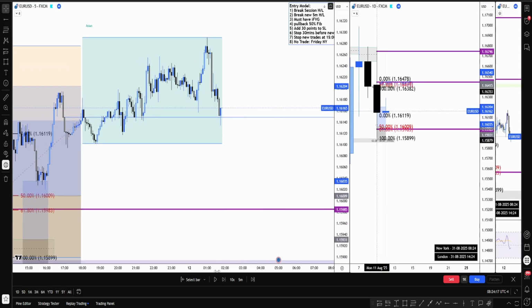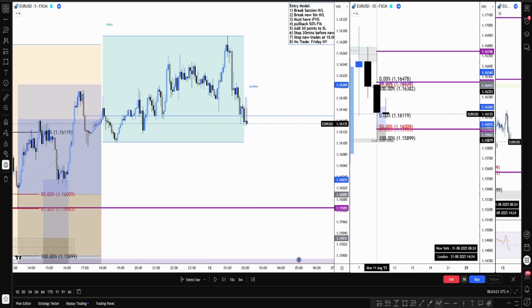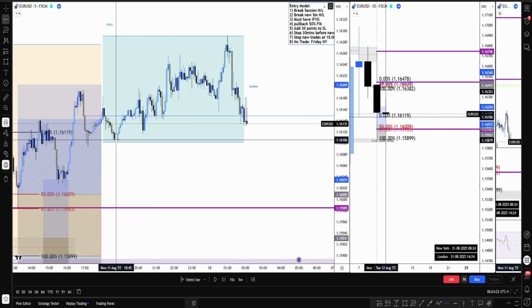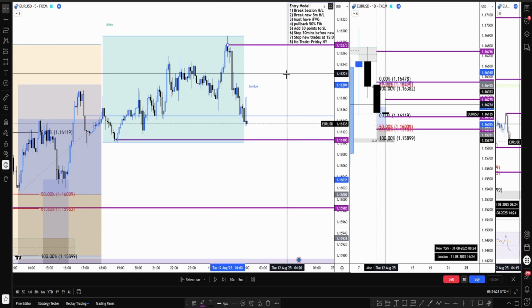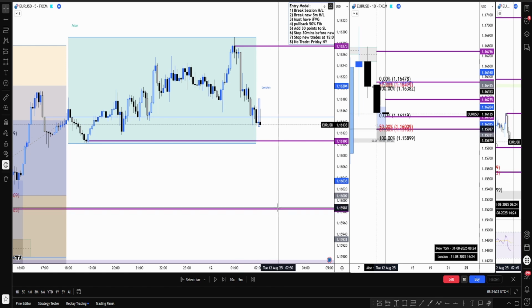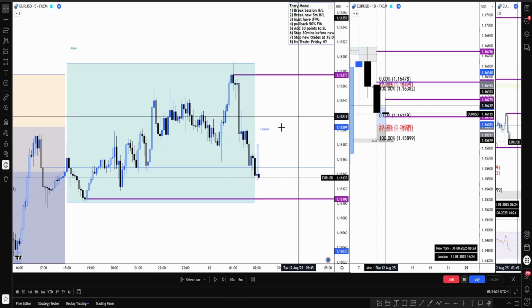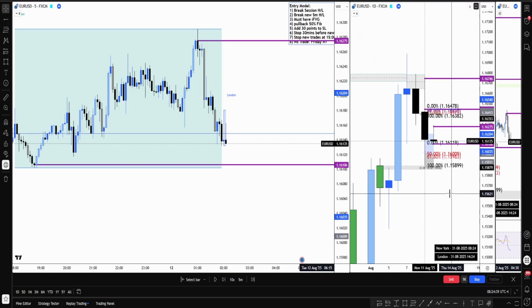Okay, I'm going to stop very close to London Open. There's London Open, and we were going to wait for that level there, or this level here. Let's remove that. All right, so let's have a look at the daily level as well as the news.